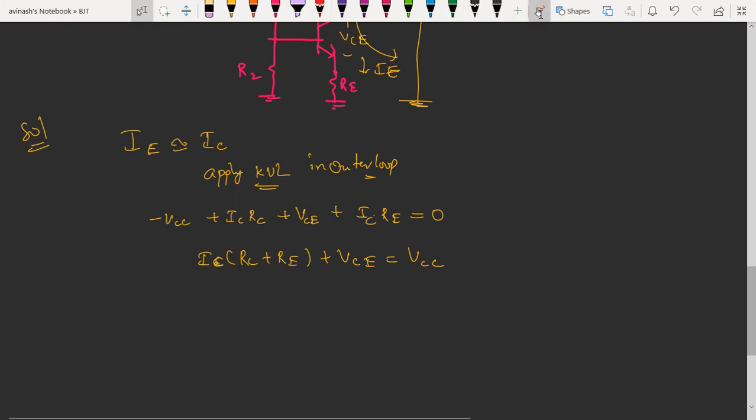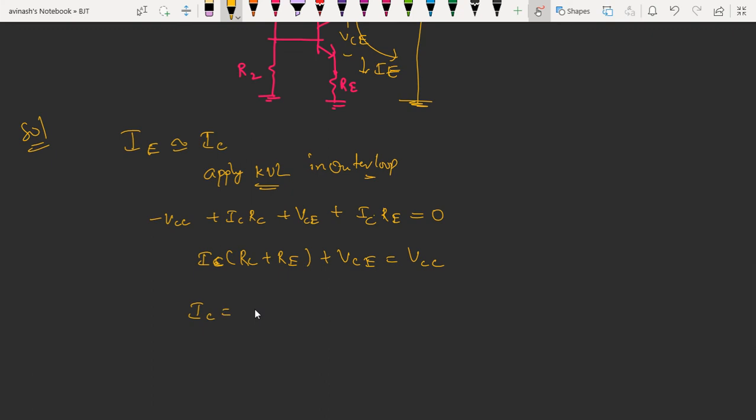Then if we simplify this, what we get here? IC is equal to minus 1 by (RC plus RE) into VCE plus 1 divided by (RC plus RE) into VCC.